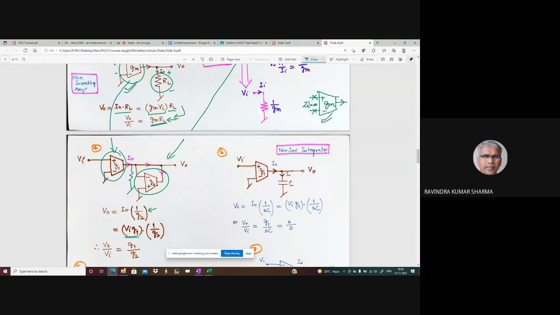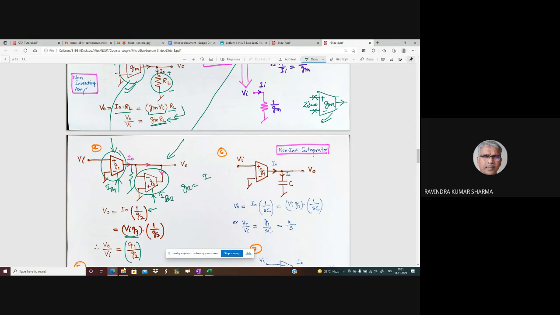So VO by VI is G1 by G2. Non-inverting amplifier. अब ये non-inverting amplifier में देखो बड़े ध्यान से कि G1 is controlled by IB1. G2 is controlled by IB2. Is that okay?